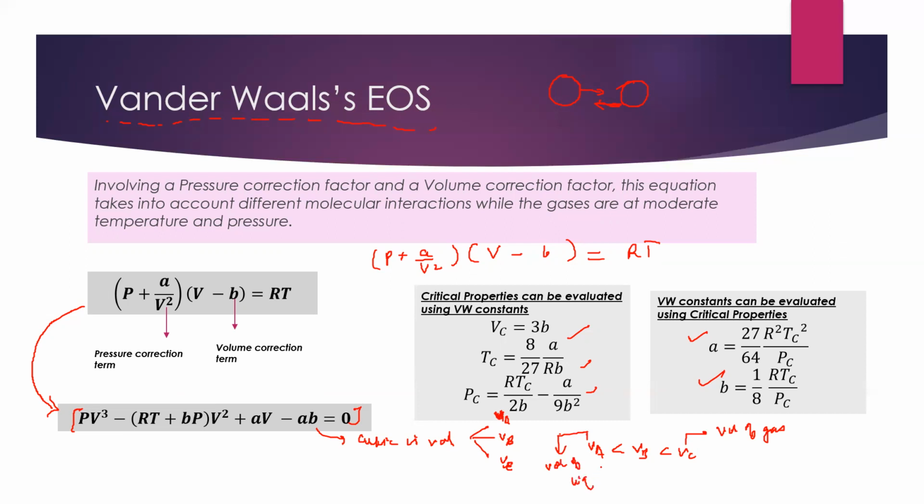The third root, the one in between, has no significance. So the smallest root is the volume occupied by liquid at the same pressure and temperature, and the greatest root is the volume occupied by gas at the same temperature and pressure.